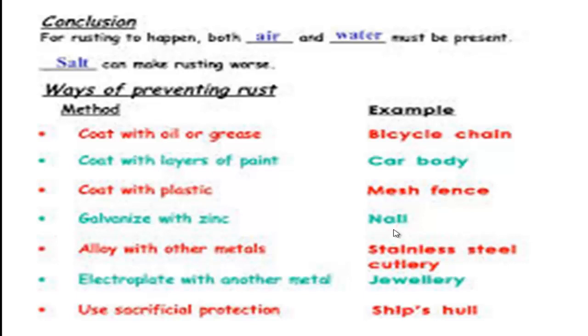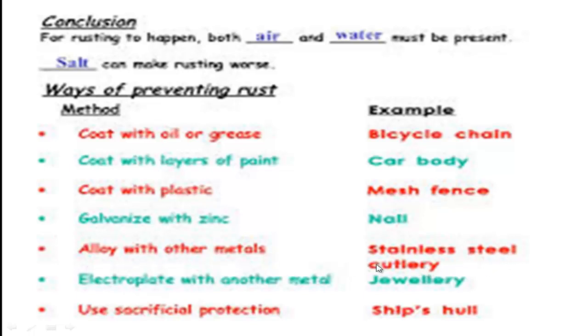Most of these things are made of iron, and if they rust, then they will not last long. So if we make a cover of zinc, a layer of zinc on this substance, then rust will not form on it, and making a layer of zinc is called galvanizing. So if we galvanize these things, nail, plow, spade, etc., we can easily protect them from rust formation. Another process, alloying with other metals such as stainless steel.